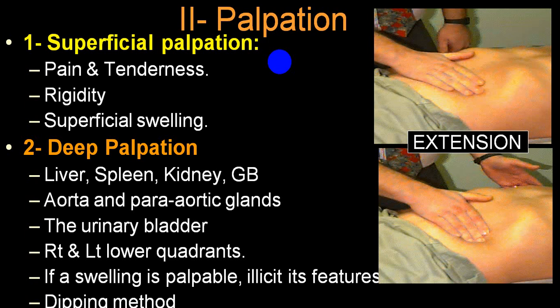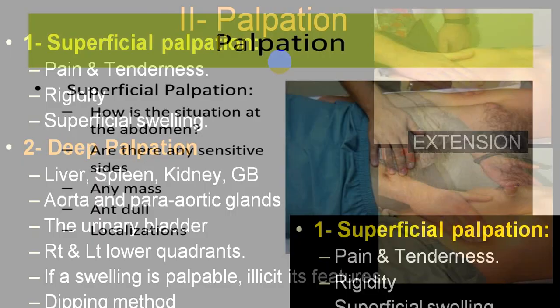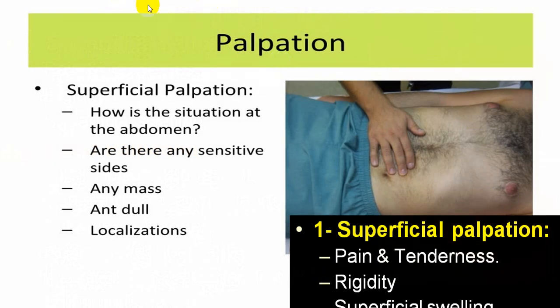You will be palpating in the hypogastrium just above the pubic symphysis. And in a female, enlarged uterus, you should be able to differentiate from bladder. These are all the things you will be looking for. So in superficial palpation, you are looking for sensitive area, any mass, any dullness, and you try to localize. So pain, tenderness, rigidity, and superficial swelling.